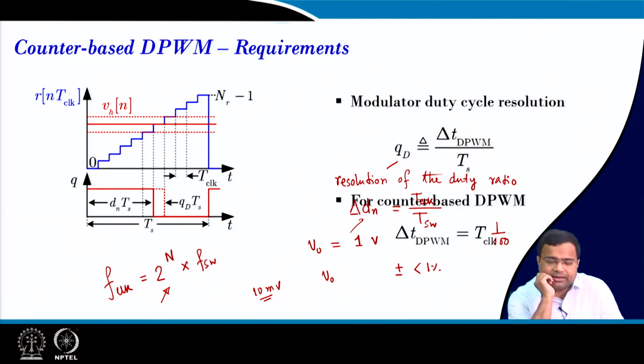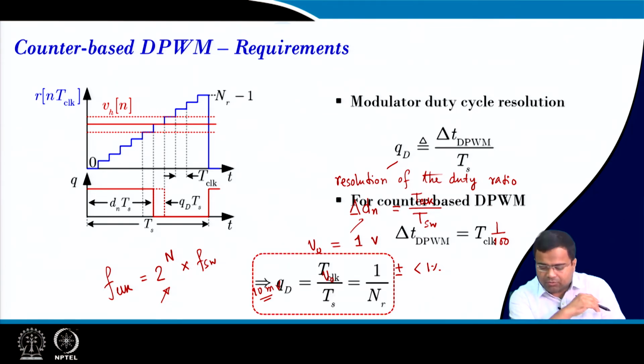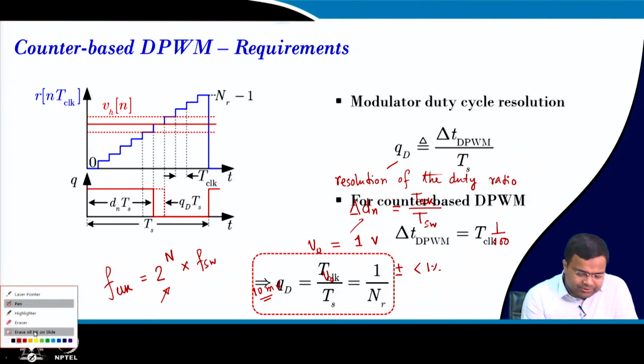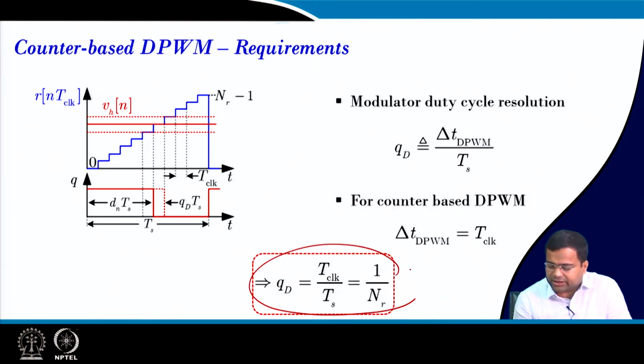Then what is the alternative way? So, that means this is a counter based DPWM. Now, we know about all this requirement.